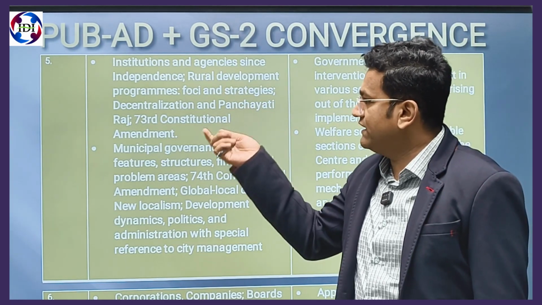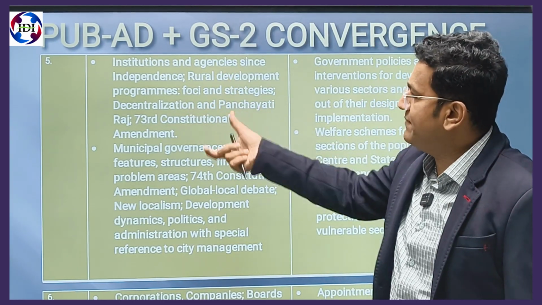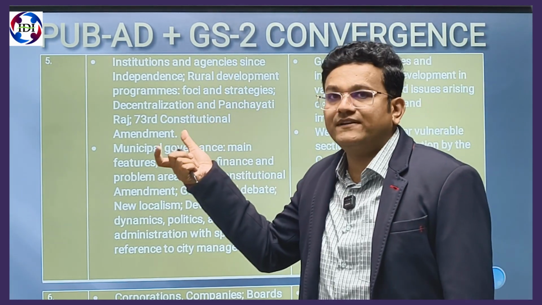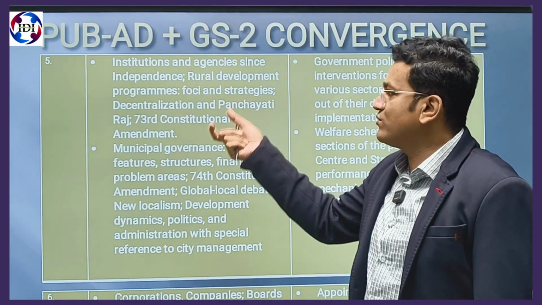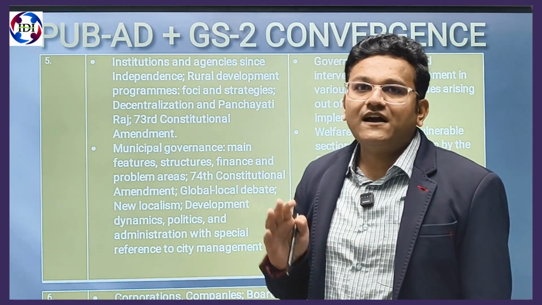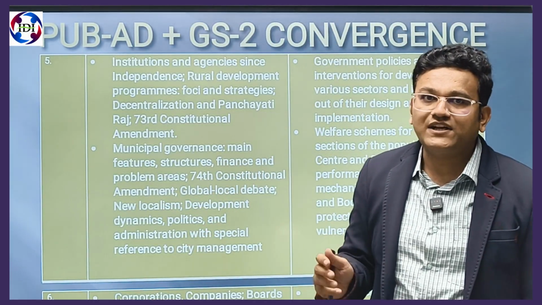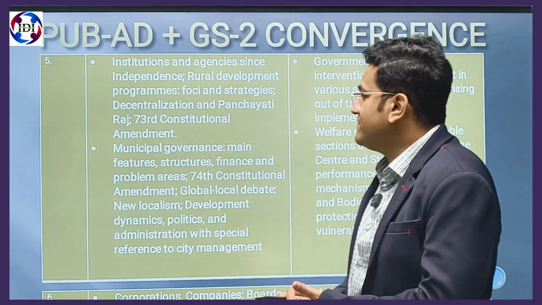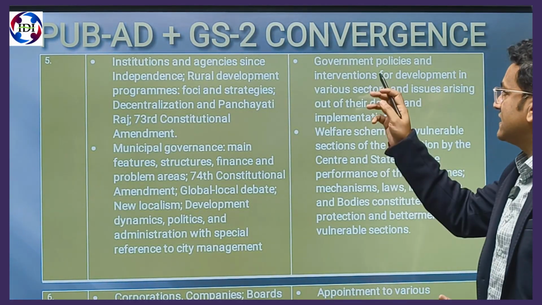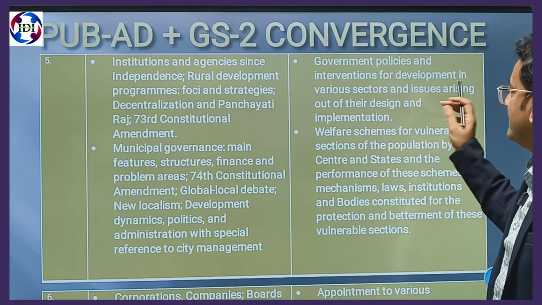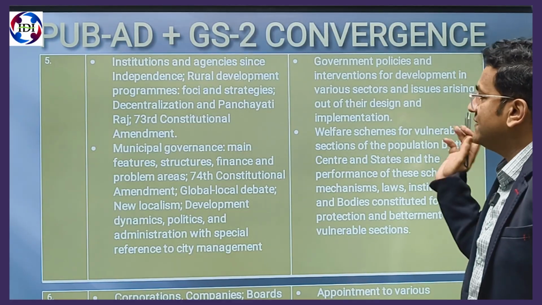Institutions and agencies for rural development. So this is a chapter of rural development and this is a chapter of urban development. So in urban development, rural development, UPSC asks questions on urban development, rural development and administration under some schemes of central governments. Here also government policies and interventions for various developmental sectors and their implementation.